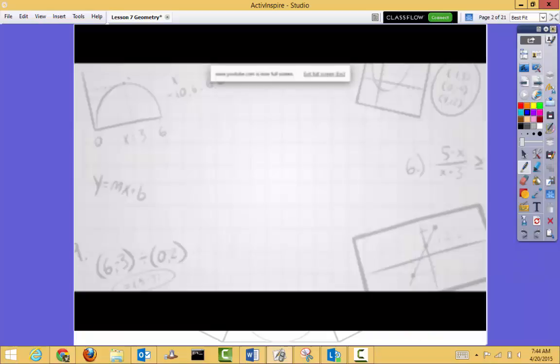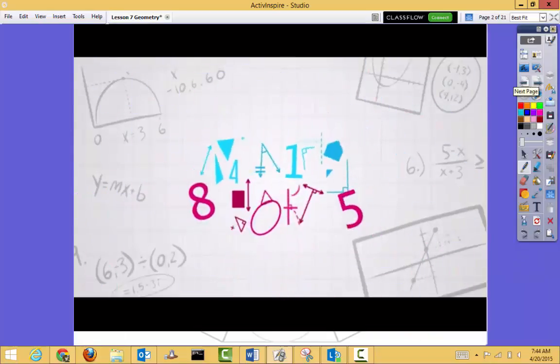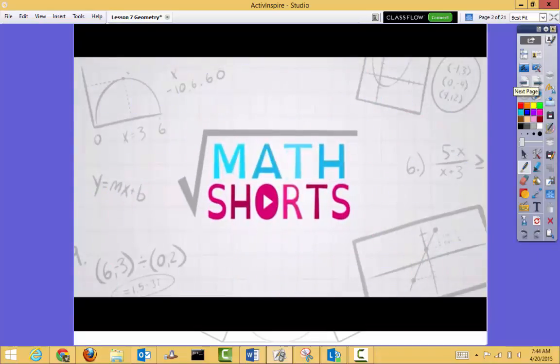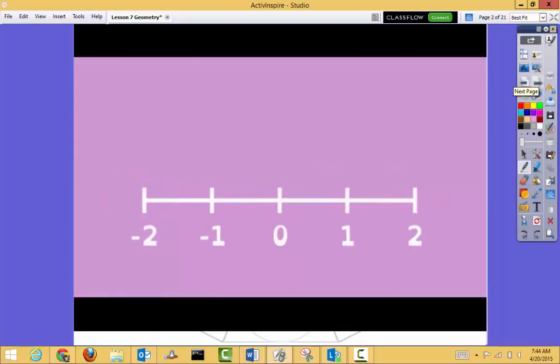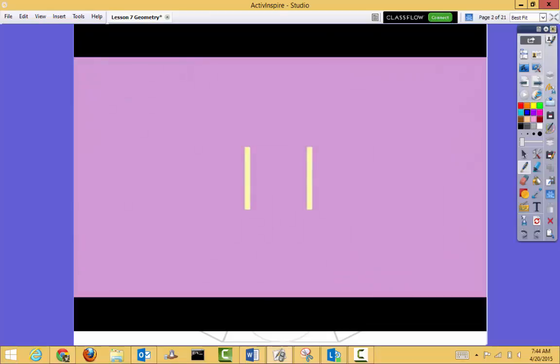Okay, so let's continue. Here's a short little video on absolute value, in case we forgot. Absolute value. The absolute value of a number is its distance from another number on a number line. Distance is a measurement that tells you how far you've gone from one point to another. The notation for absolute value is 2 straight lines, like this.